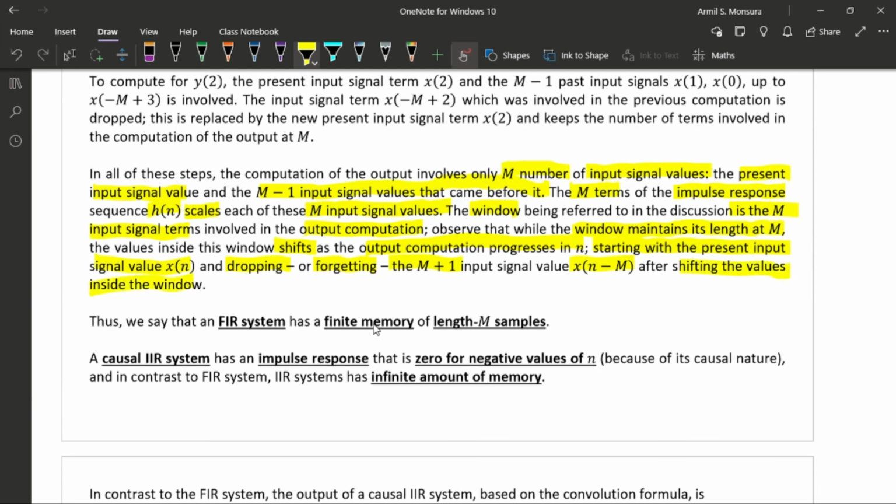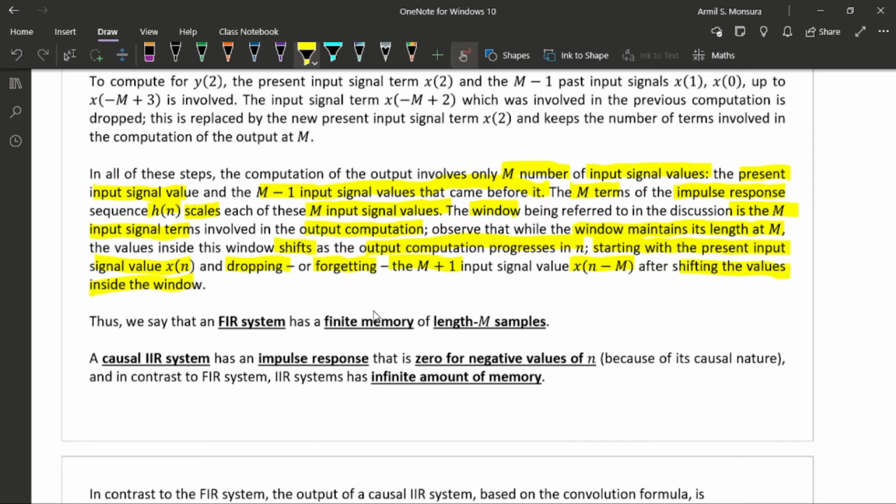In that case, we need to drop them or forget them because, remember, if your system has a memory of length M, because the length of the h of n is of length M, then that is all it can store. So it will also provide a memory space for M number of x of n.